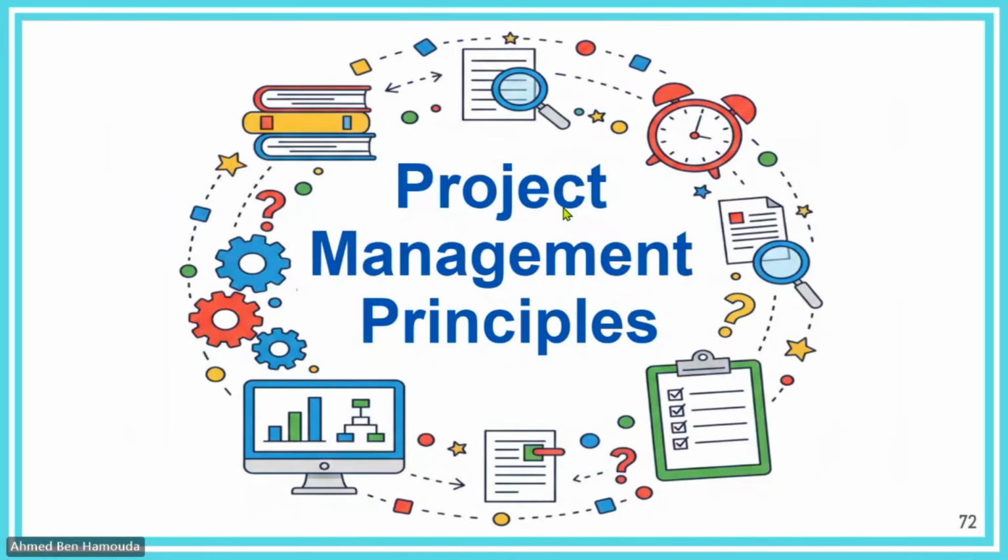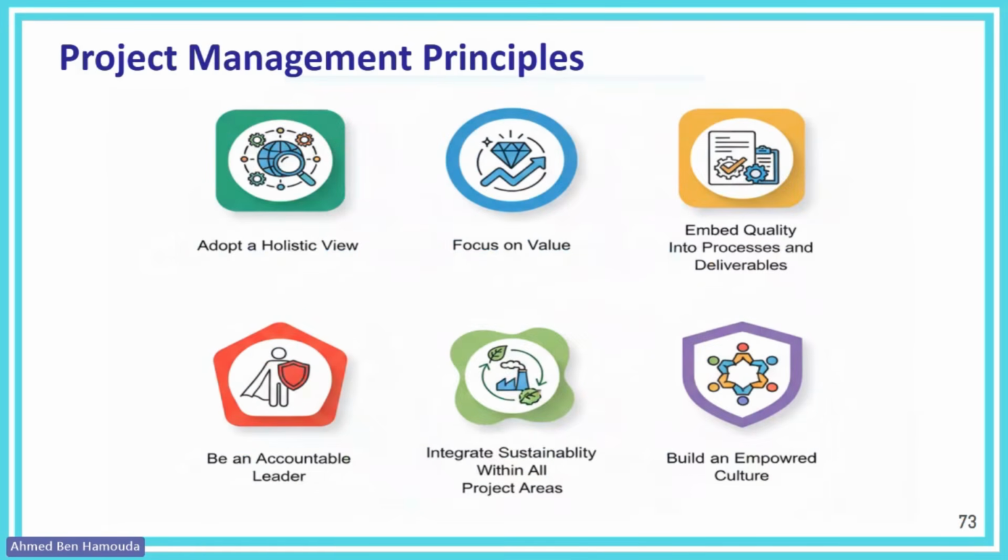All right. Now, let's move on to talk about the project management six principles, which we have already mentioned. We saw earlier what the project management principles are, just the names. Adopting a holistic view, focusing on value, embedding quality into the work processes and the deliverables, be an accountable leader.